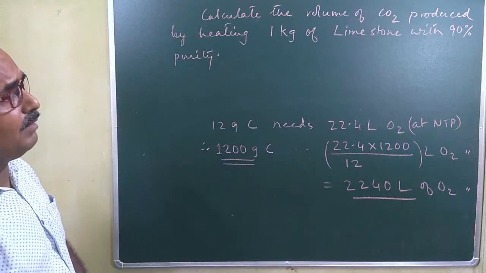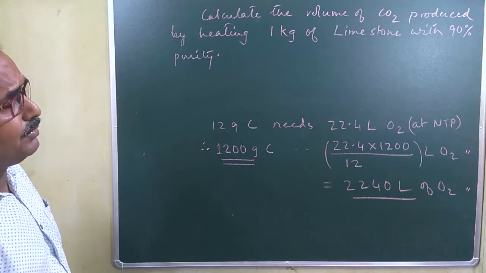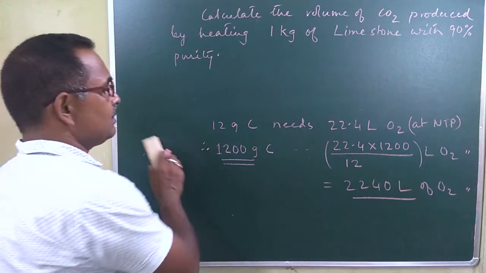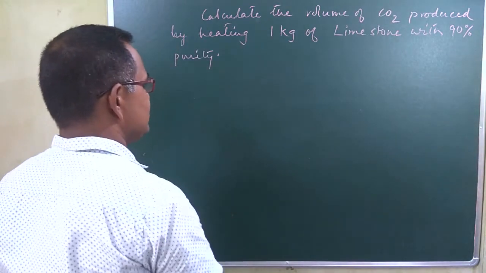Calculate the volume of carbon dioxide produced by heating 1 kg of limestone with 90% purity. In this case, we will need this equation.